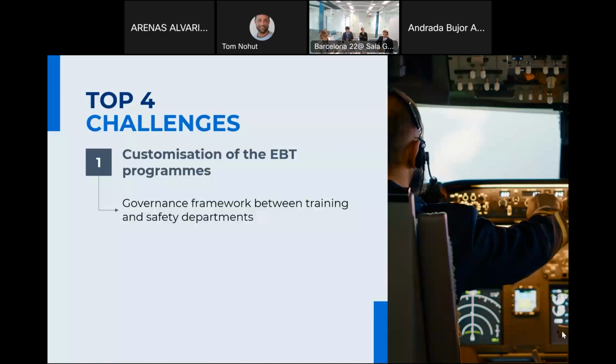So the real customization of the programs takes place in-house, and as a result of the interaction between safety and training departments. So the first challenge here is coordination and, of course, governance.